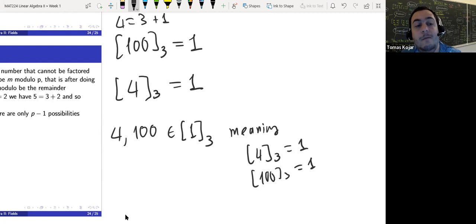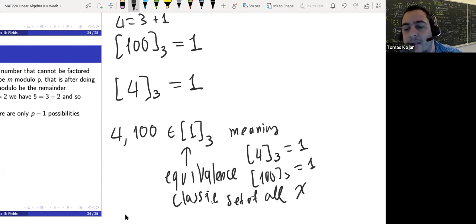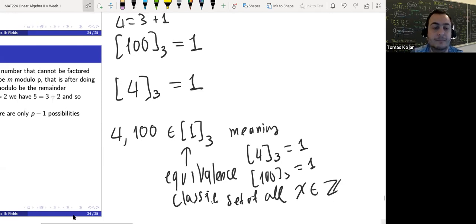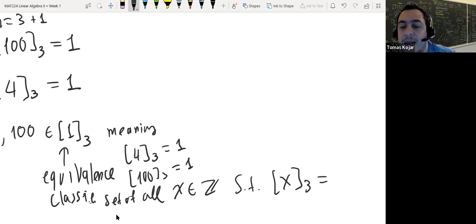So think of this as an equivalence class, i.e. the set of all integers x such that x modulo 3 is 1.